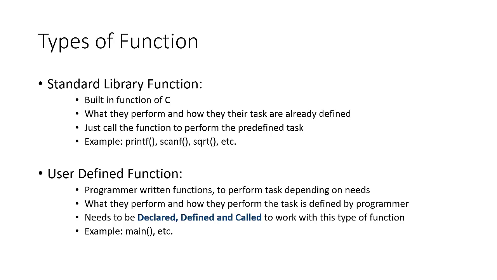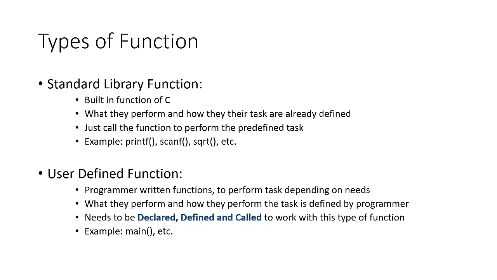The second kind of functions are user-defined functions. These user-defined functions are actually written by the programmer. The programmer can write his or her function depending on the need or the task to be performed, what the user-defined function will perform, and how it will perform the task, that is defined by the programmer.